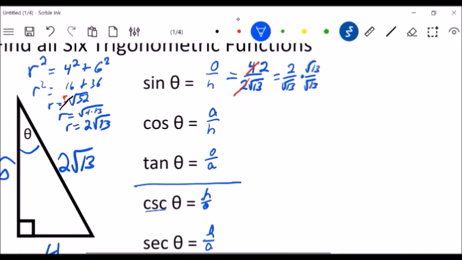So we need to rationalize it. So we get here a result of 2 root 13 over the number 13, because square root of 13 squared is 13.